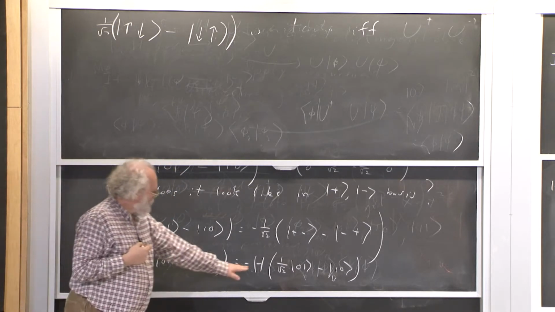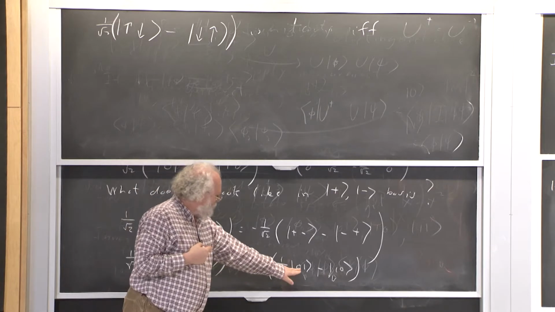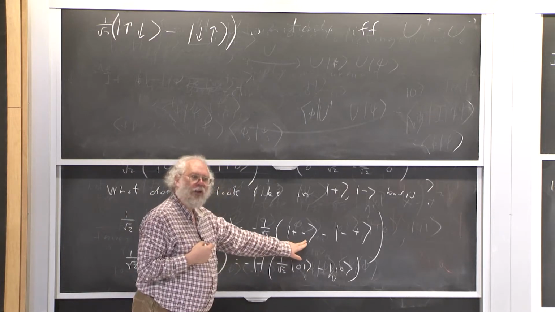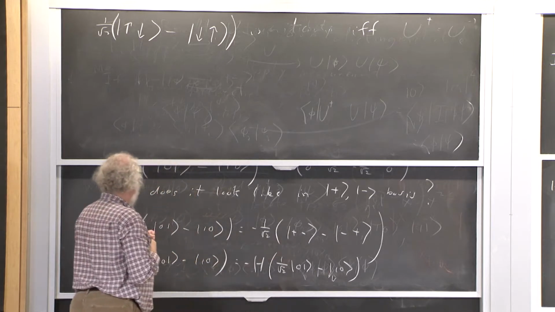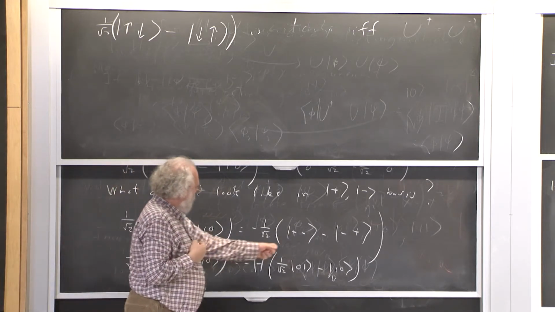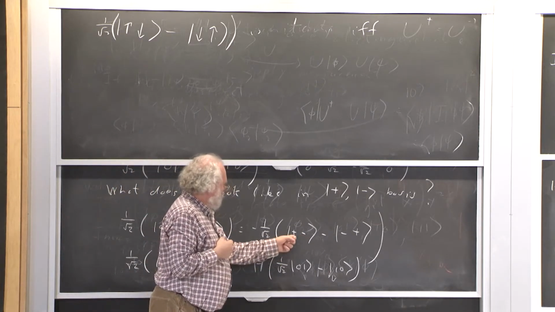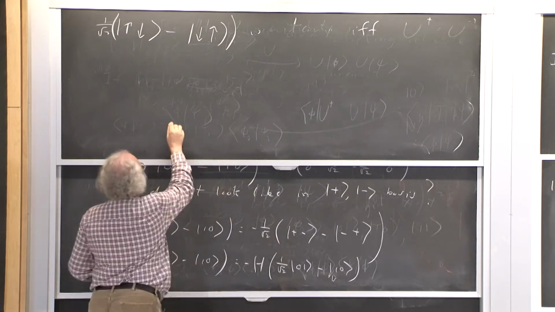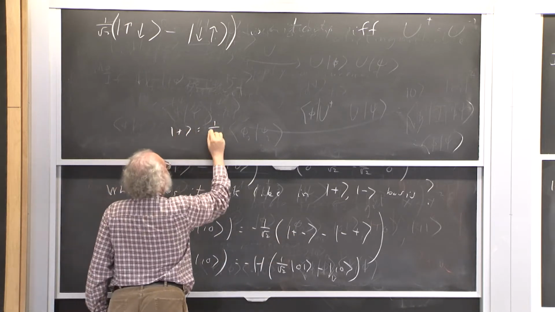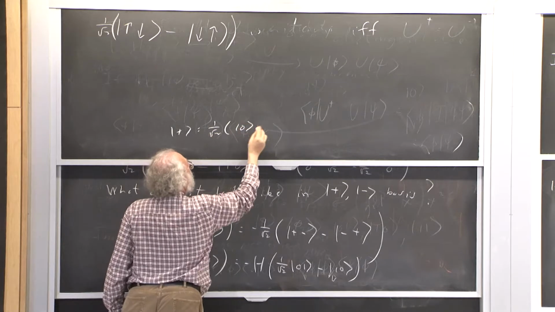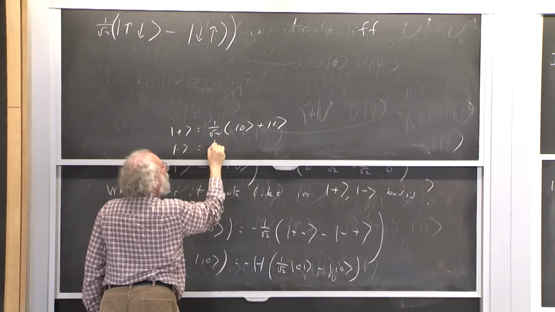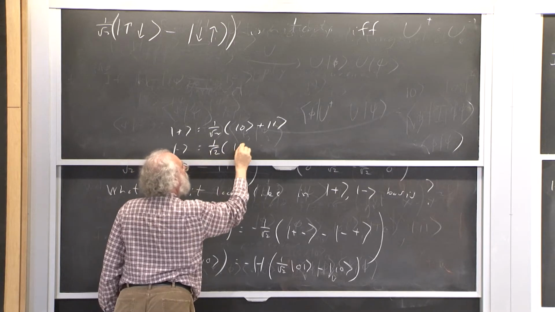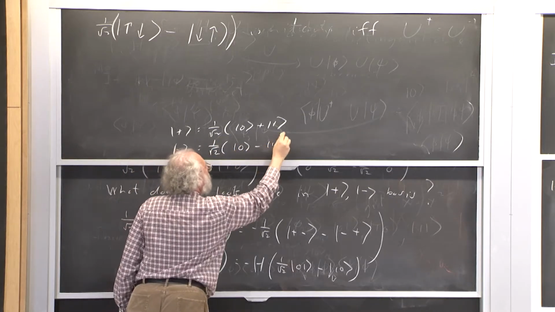But what the Hadamard does is it changes the basis from 0, 1 to plus minus. Remember plus was equal to 1 over root 2 (0 plus 1), and minus was 1 over root 2 (0 minus 1).